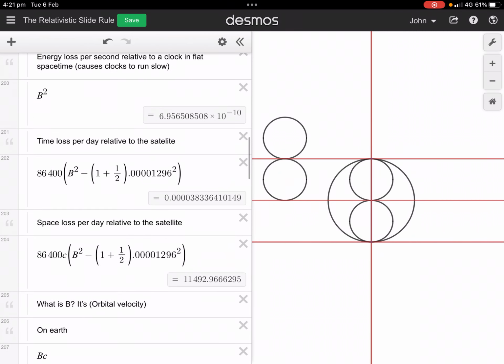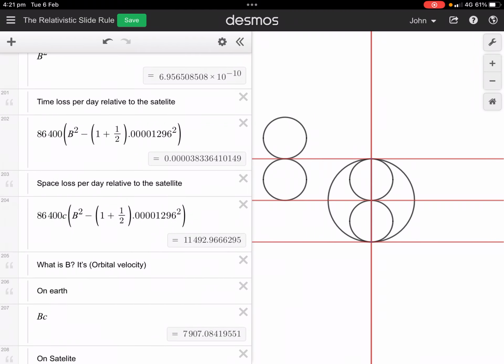Okay, now the time loss per day relative to a satellite is this calculation. I've turned it into days with the 86,400 number there. That's just turning seconds into days.